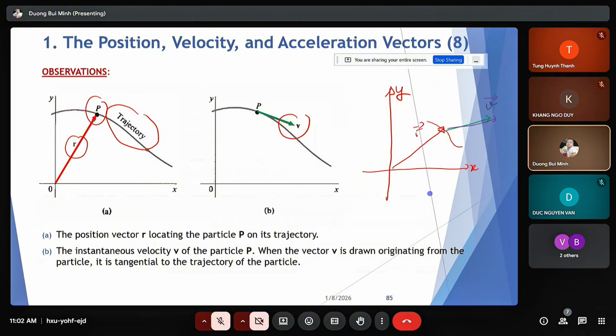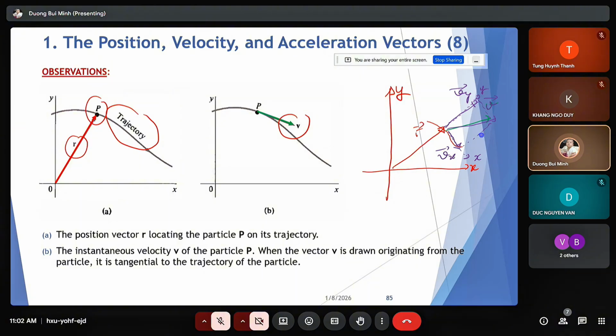Then I choose an xy coordinate like this. This one is x, this one is y. So we get v_x and v_y.